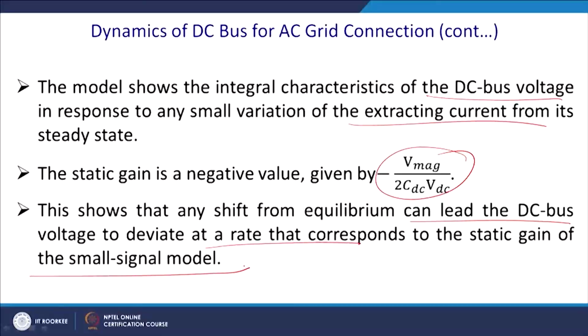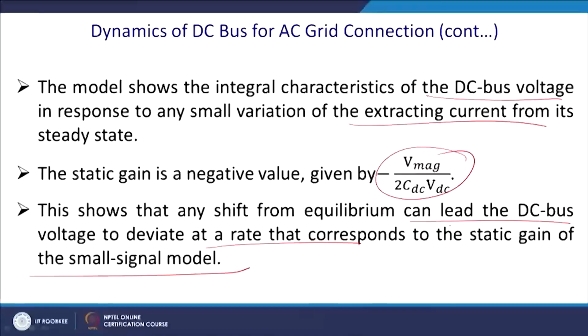So that is something we need to keep in mind. This is the takeaway of this modeling: any shift from the equilibrium point can lead the DC bus voltage to deviate at a rate corresponding to the static gain of the small signal model. So you can be sure at which rate this change is occurring.